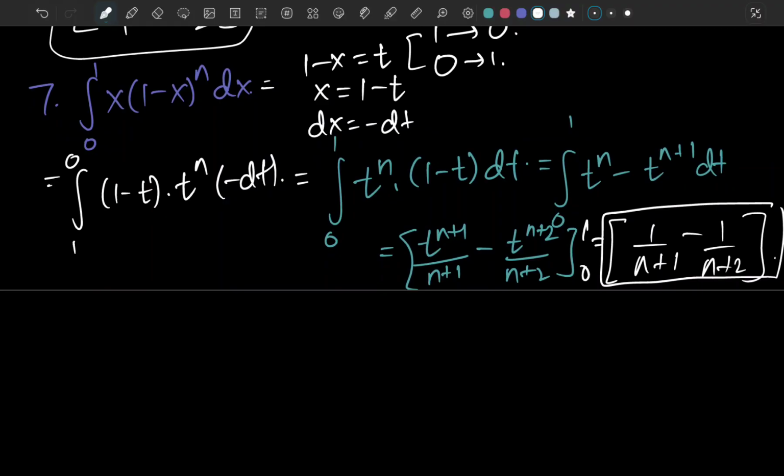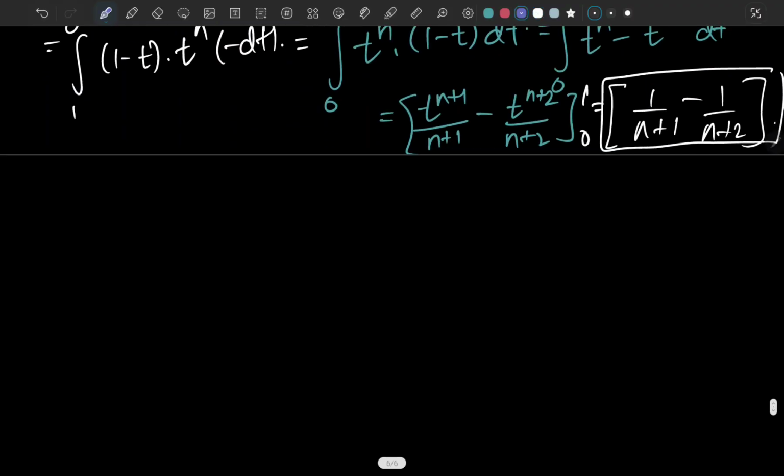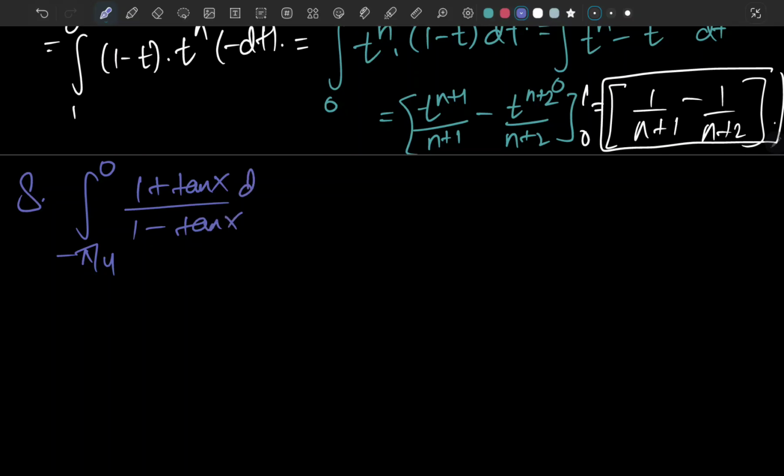Let's talk about this integral. Now our eighth integral looks like this: the integral from negative pi over 4 to 0 of (1 plus tangent x) over (1 minus tangent x) dx.